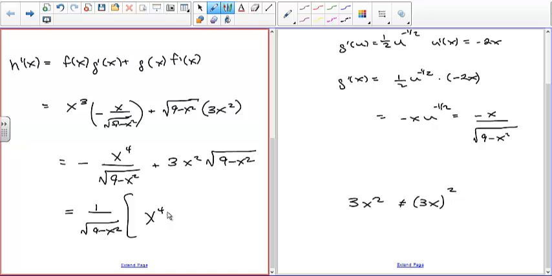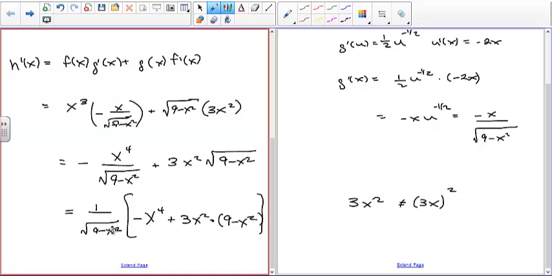And the second term, don't forget your negative sign, so I'm going to put the negative here. And then you have plus 3x squared. So when you factor this out, and I'm factoring it out in the denominator, this would actually become the quantity 9 minus x squared.